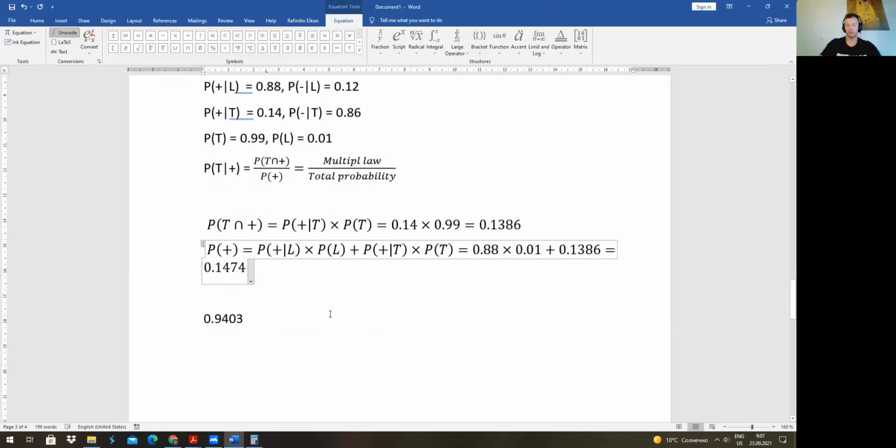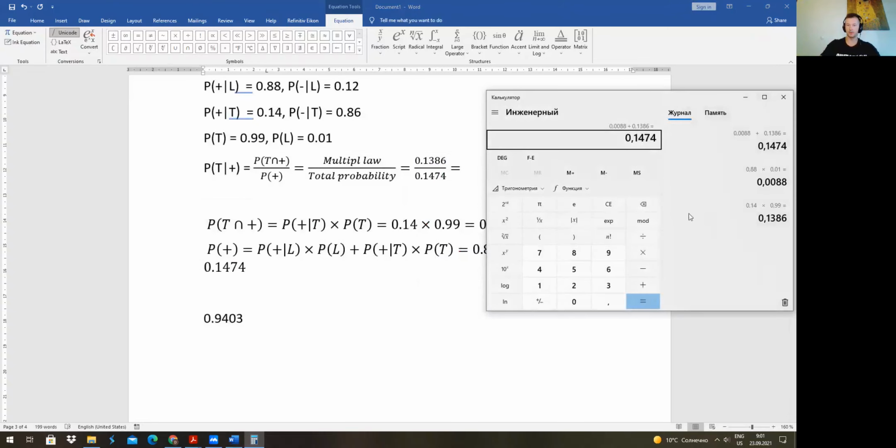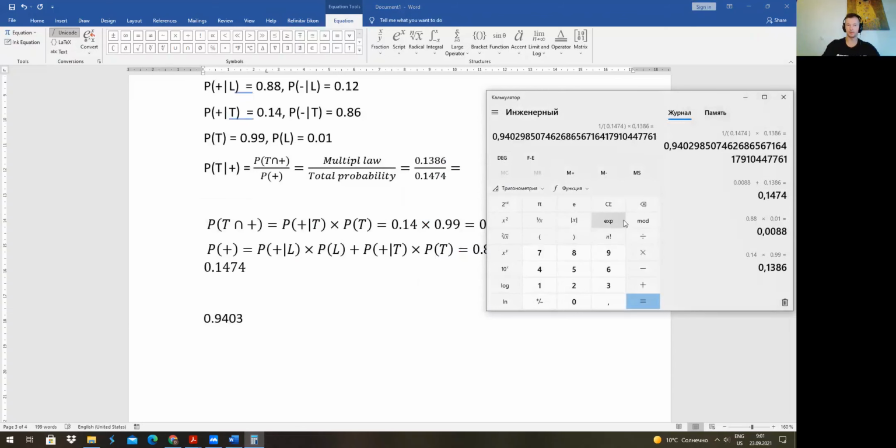Okay, so now I can apply Bayes' rule because I have this 0.1386 over 0.1474. The result is 0.9403.